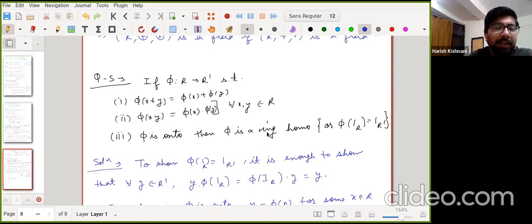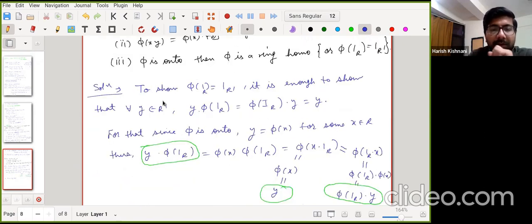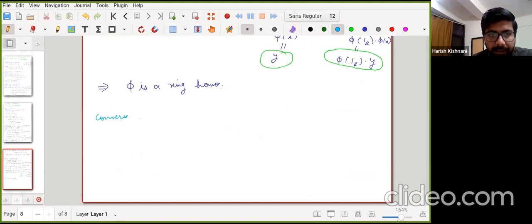We should have said that homomorphism is just an onto map which is compatible with addition and multiplication. But actually the converse is not true, and you can see a very trivial example. So the converse is not true.